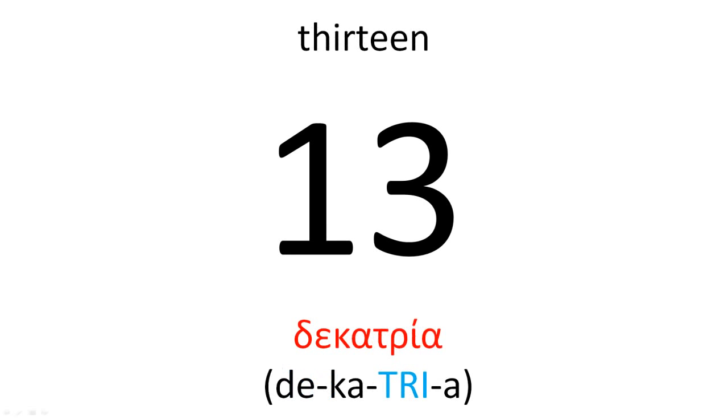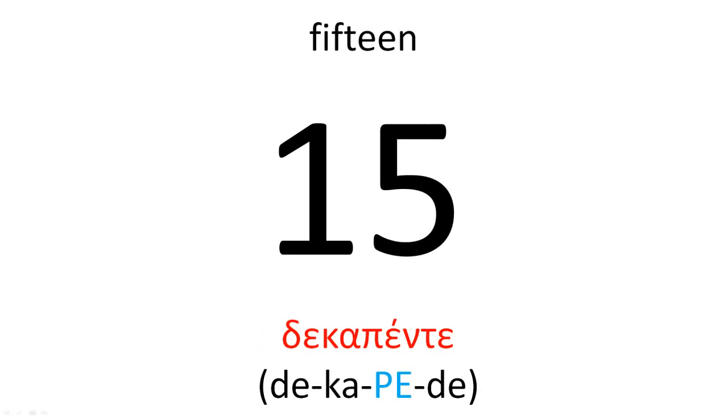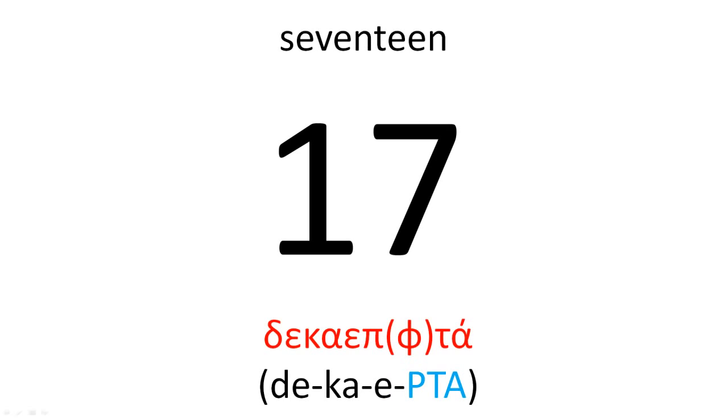So, for 13, we have δεκατρία. And what is δεκατρία? Δεκατρία is 10 plus 3, which is equal to δεκατρία. Makes sense, right? Next number is 14. 14 is translated as δεκατέσσερα. 10 και 4. 15. 10 και 5. 16. 10 και 6. 17.